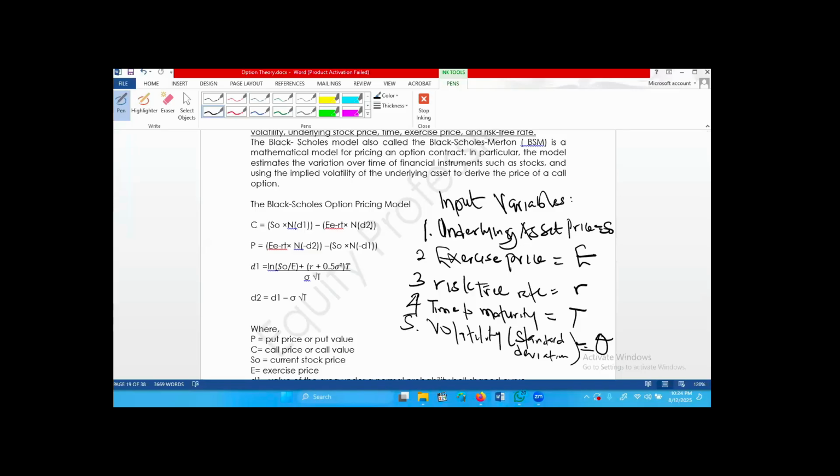If you are to value a put option, the formula is: exercise price E exponential negative rT multiplied by N bracket minus d2, close your bracket, minus S0 multiplied by N bracket minus d1.